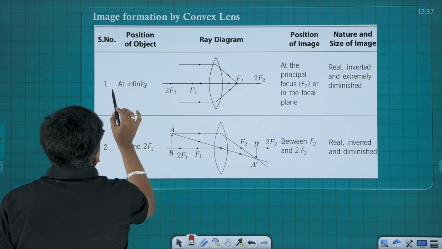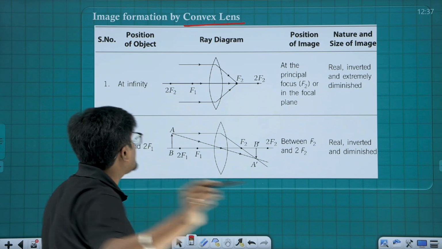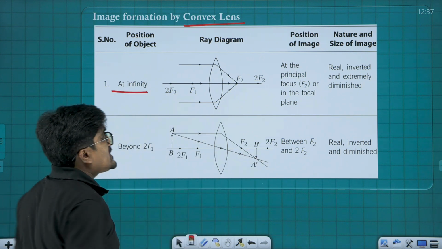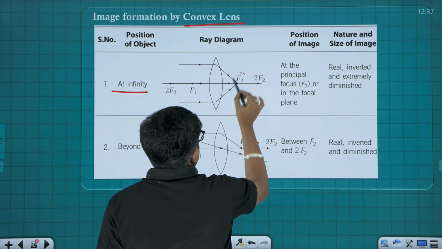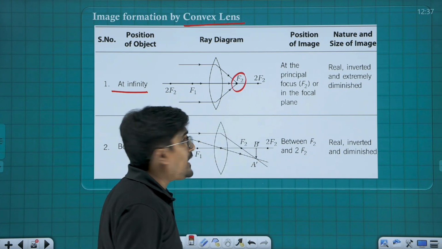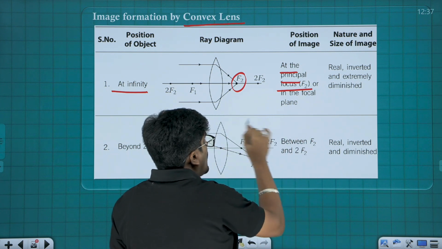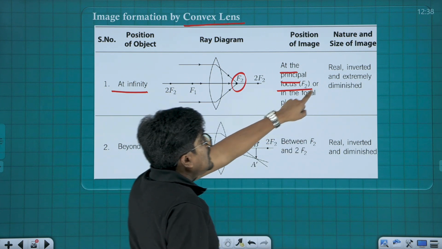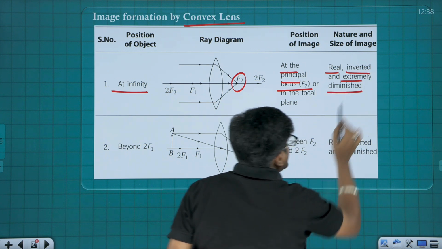First of all, we are going to discuss the image formation of a convex lens. This time the object is at infinity, and the image is formed at f, that means at the principal focus f2. The image is real, inverted and extremely diminished.